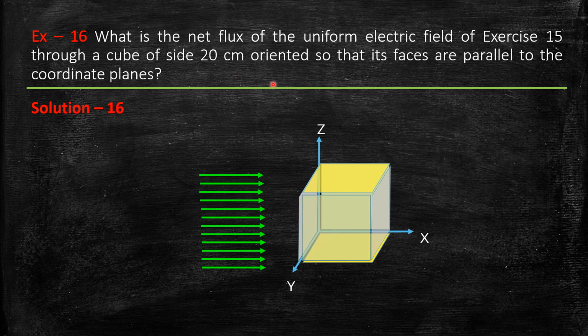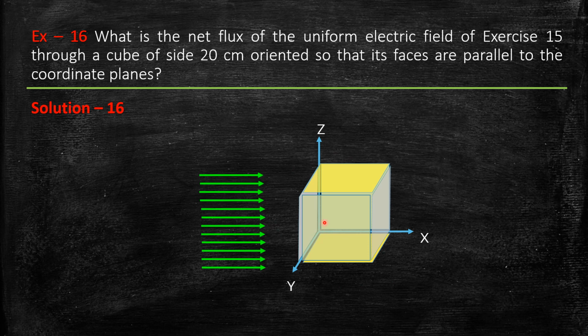The side length is 20 centimeters. What are we asked? What is the net flux? The number of field lines entering this cube will definitely be leaving. If 10 field lines enter from the left side, 10 will be leaving from the right side. So what is the net flux in this case? The net flux will be 0.